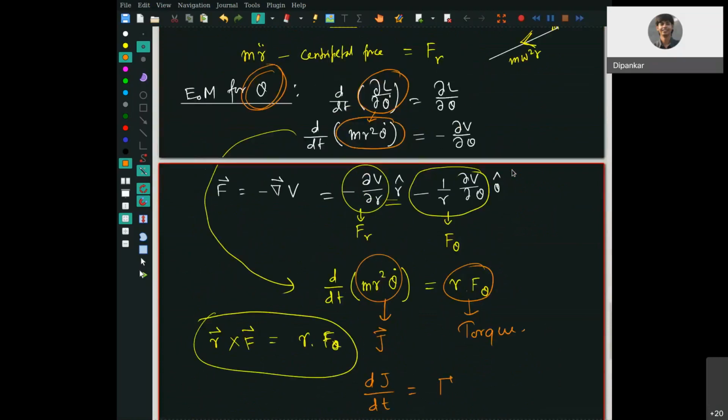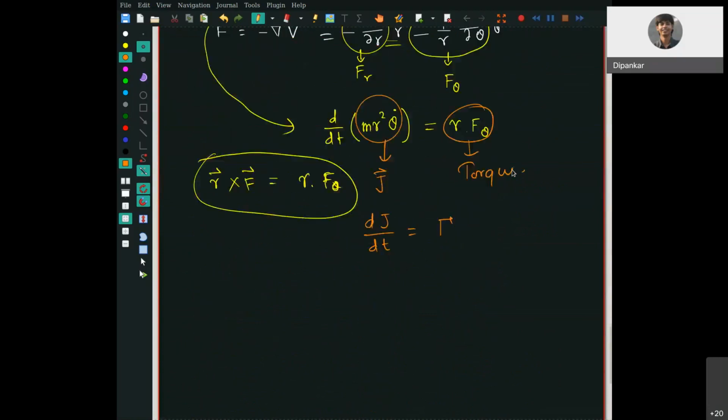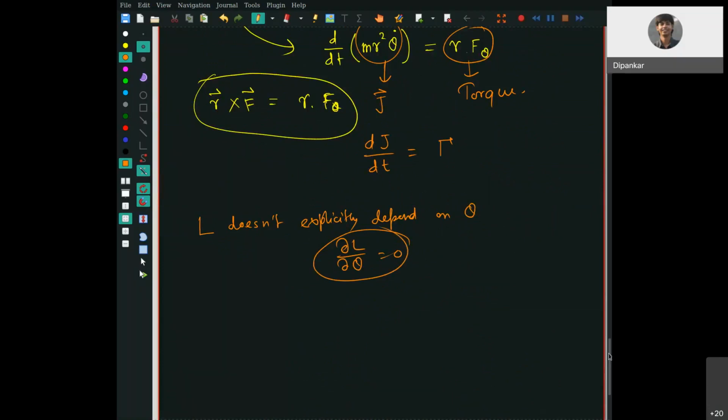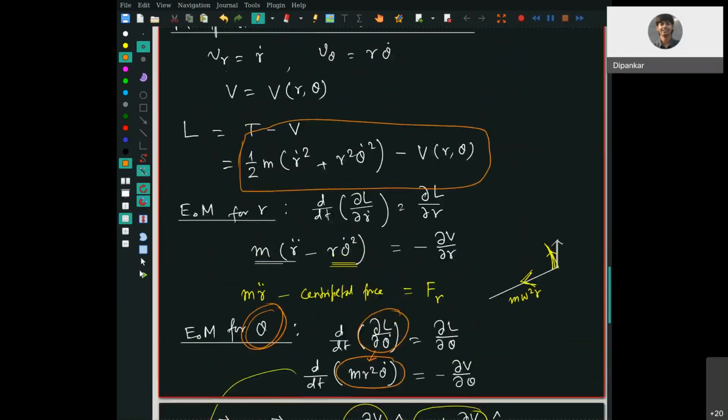What happens if L does not explicitly depend on theta? What I mean is that del L del theta equals 0. Now remember, where does the theta dependence of L come from?